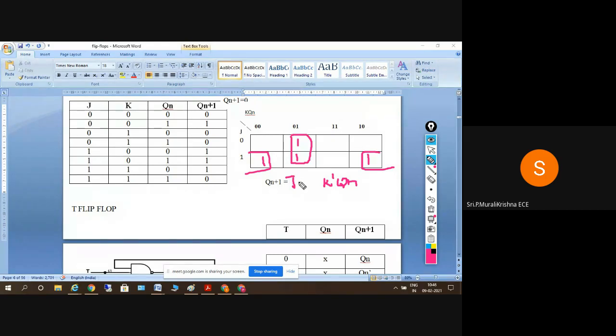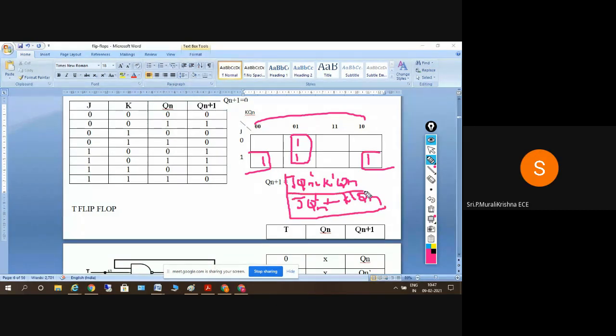This is J Q bar N. So these two columns here will eliminate K. So Qn bar. So J Qn bar plus K bar Qn. Yes or no? Yes, sir. Okay, so this is the equation.